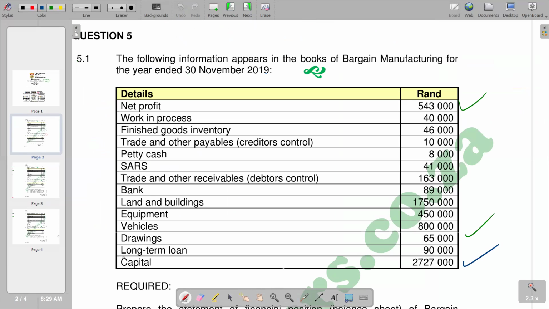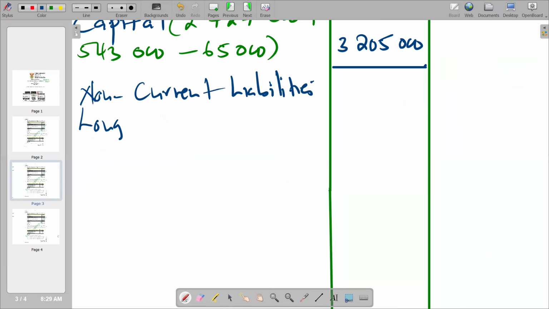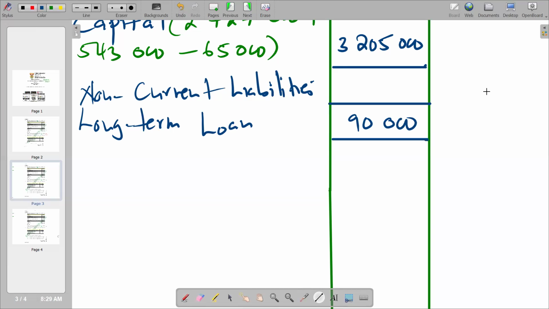According to the question, we've got a long-term loan of 90,000. So we have 90,000 as long-term loan. Having done that, we see that this is the only non-current liability that we have. So we can close again to put our total for non-current liabilities here, which is 90,000.